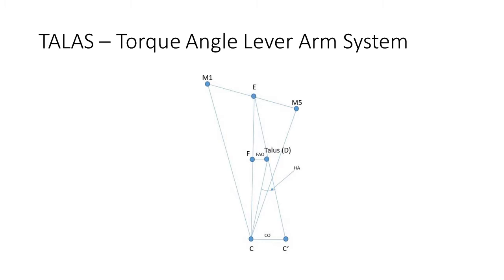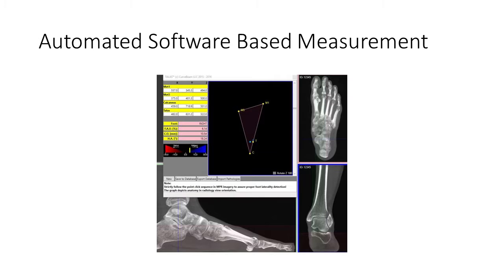This is a very reproducible metric that will tell you just how stable that foot is during weight bearing. And it's an automated software-based measurement, meaning the human beings are cut out of the equation and the software, the computer, will decide how these measurements are constructed, and it will do that same construction every time.